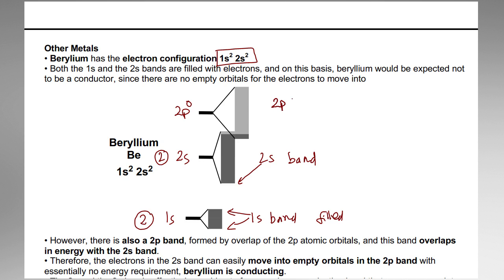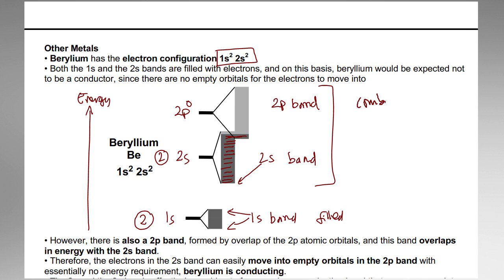This is a 2p band. Now the 2p band doesn't have any electrons in it, but in an energy sense, remember this is energy going up, the 2p and the 2s bands overlap, which means some of the electrons can spill into the 2p band, and we wind up with one combined band. And this combined band can accommodate 8 electrons per atom.